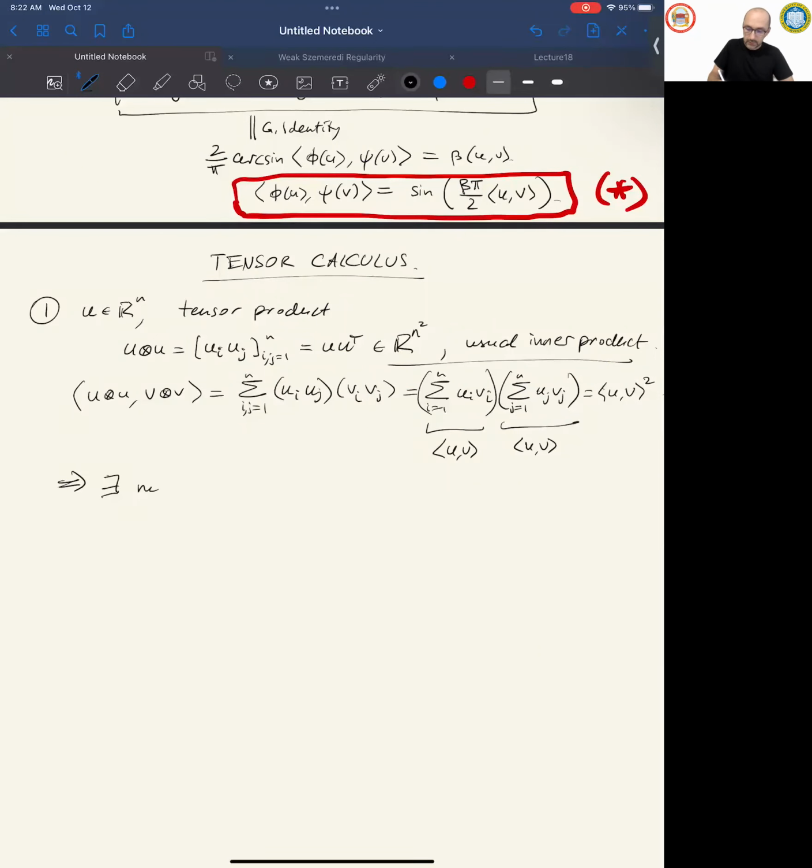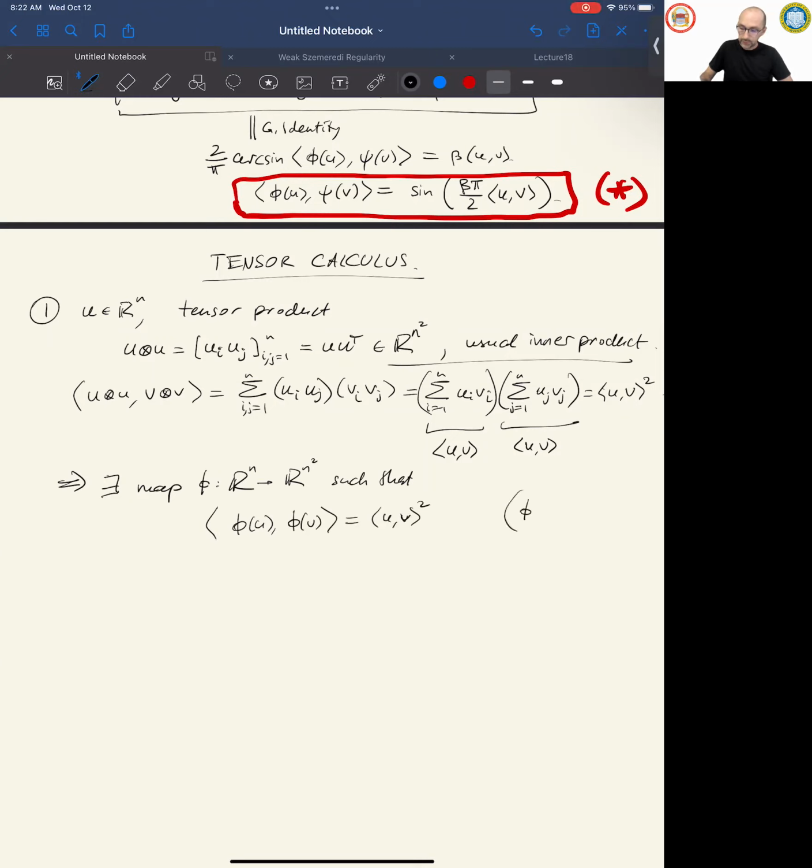We get a map phi from R^n into R^(n²) such that the inner product of phi of u and phi of v equals the original inner product squared.